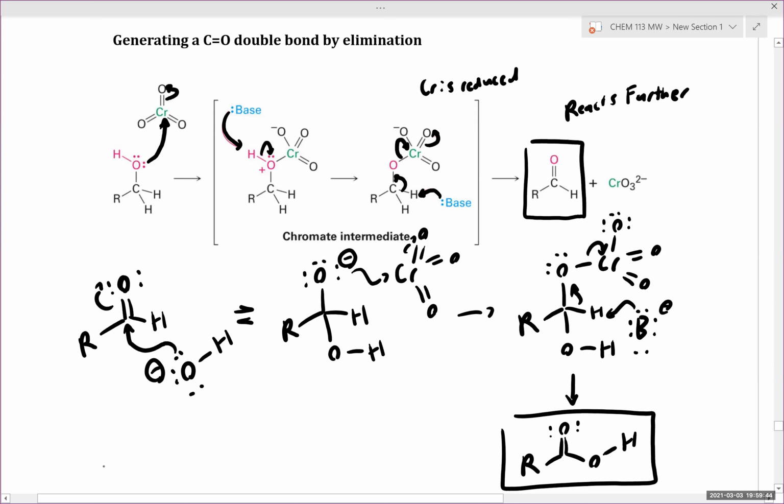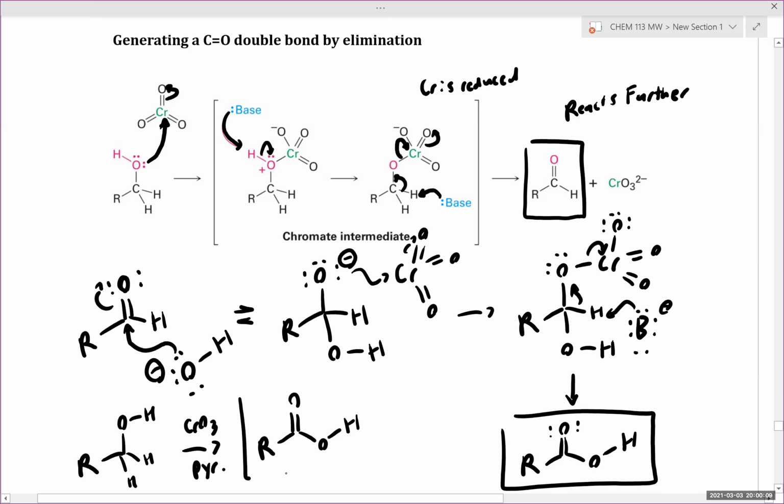So typically, if you have a primary alcohol and you subject it to oxidation with chromium trioxide and pyridine, or oxidation under any basic conditions, you will typically end up observing an appreciable amount of oxidation to the carboxylic acid.